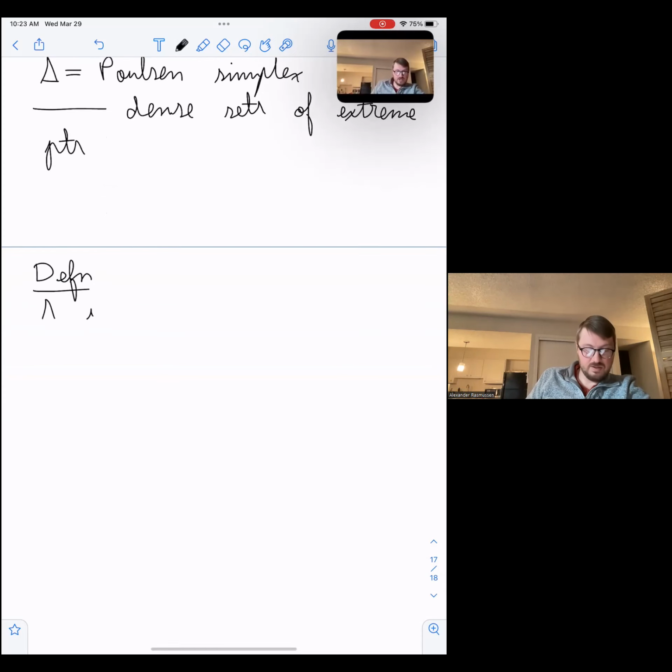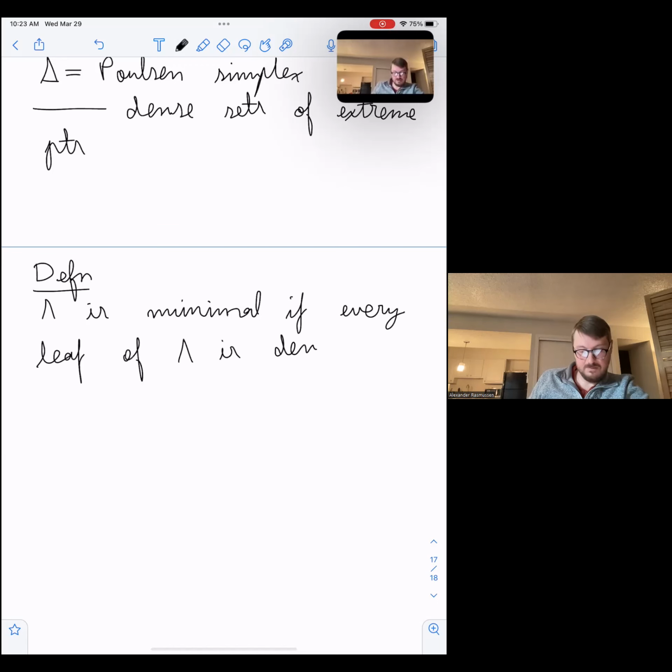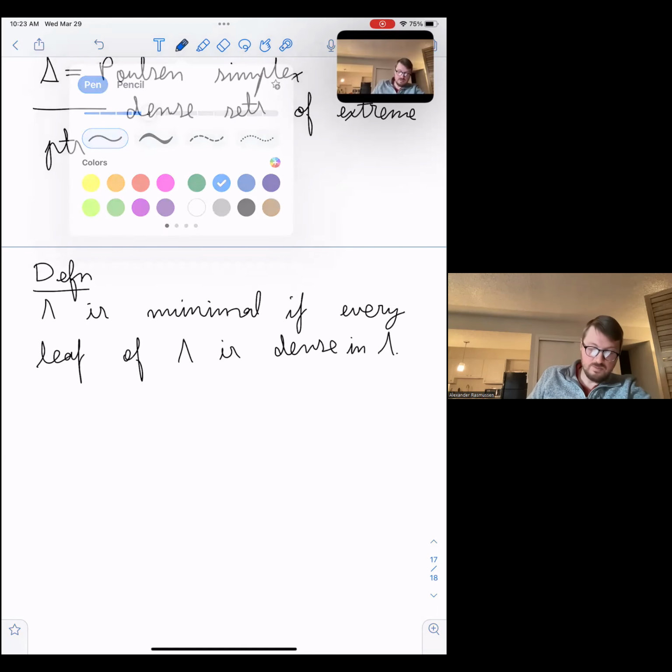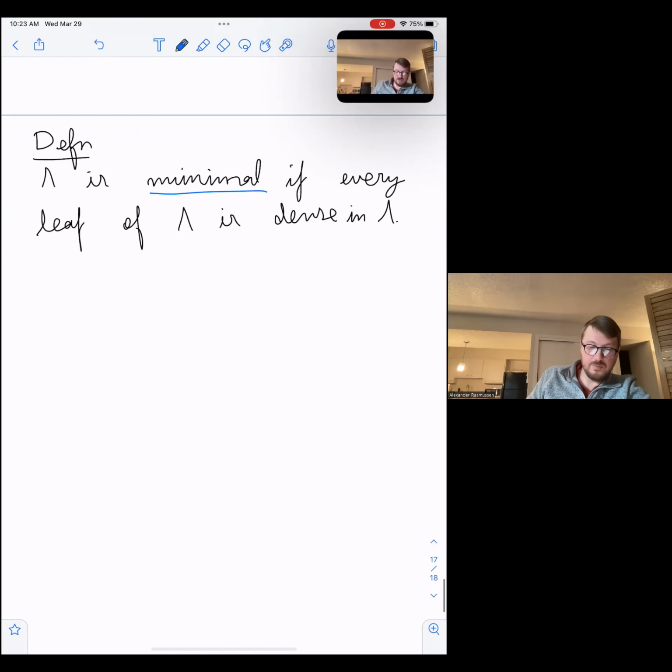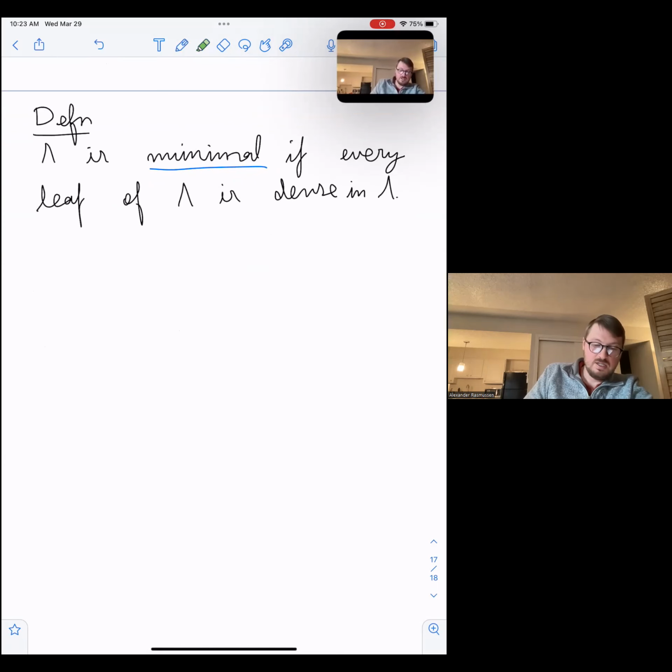So our lamination lambda is minimal if every leaf of lambda is dense in lambda. So minimal laminations are very complicated. In particular, basically none of the laminations we've drawn in this talk have been minimal.